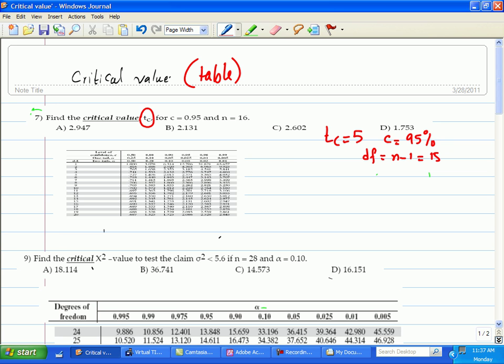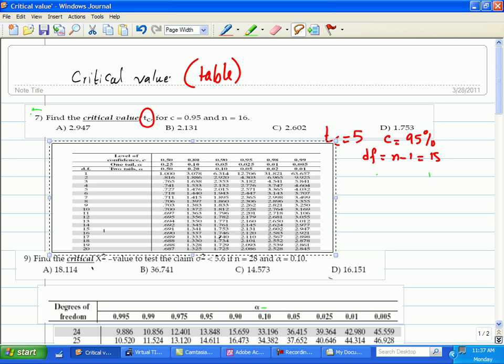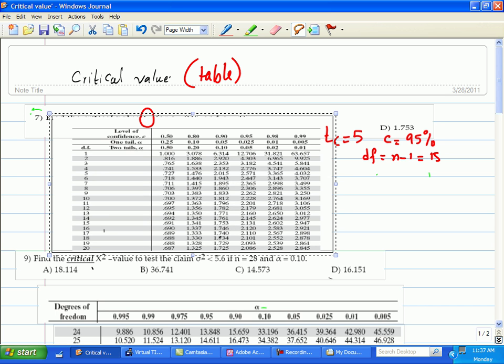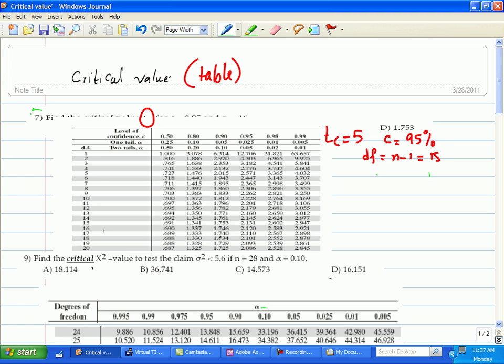So we have the table right here. I have to enlarge it just so I can see it. We want to look at 95%. This is table 5, keep in mind, and we need the degree of freedom to be 15.